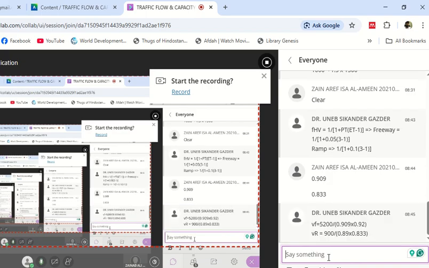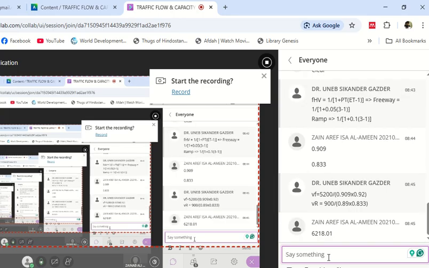So how much are these values? Okay, this is for the freeway. And for the ramp?